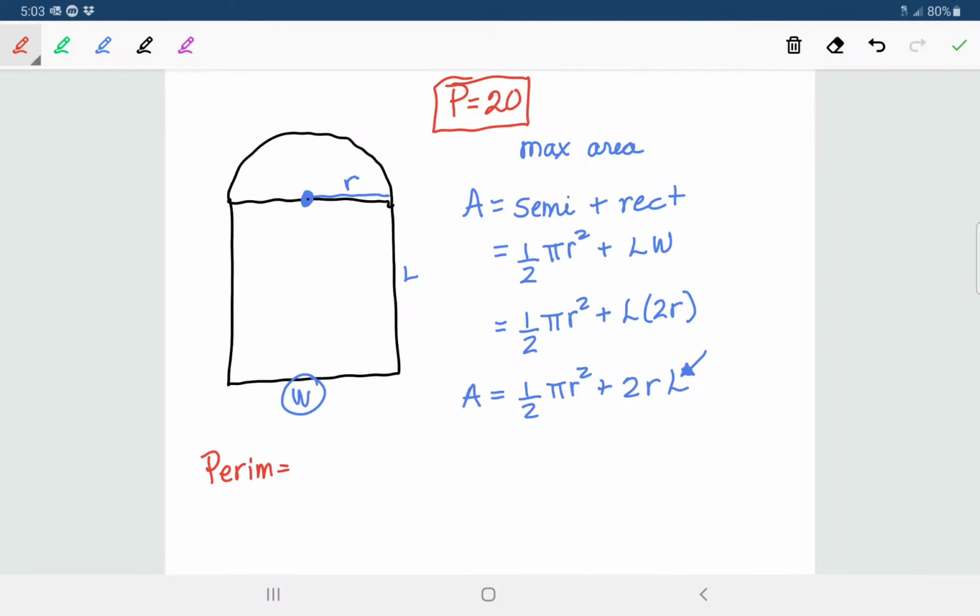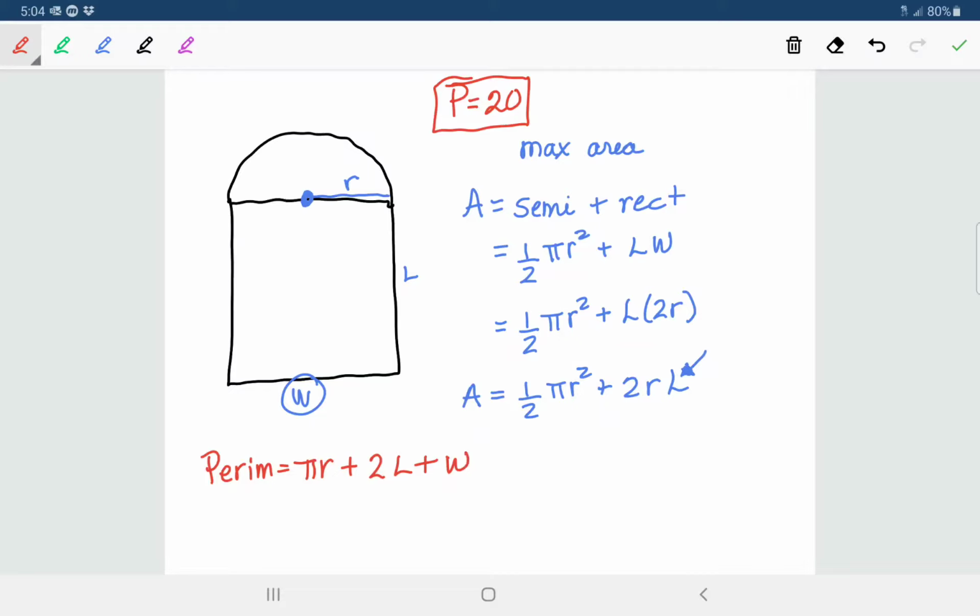The top portion is half of a circle, so the circumference of a circle is 2 pi r, and half of that will just be pi r. Then the other perimeter is this side and that side, so 2 L's plus the W.